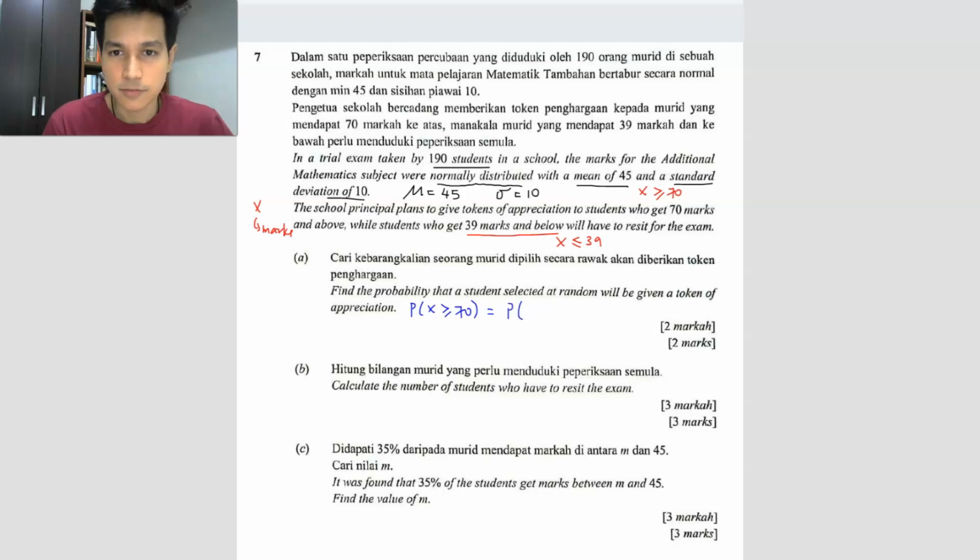So you change it to z first, so it becomes z = (70 - 45) / 10. So you're looking for P(Z ≥ 2.5). You can either use your normal distribution table to solve, or you can use your calculator. For those who are using the table, I highly recommend you use your calculator.